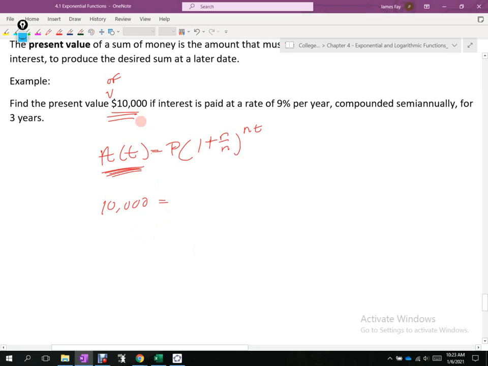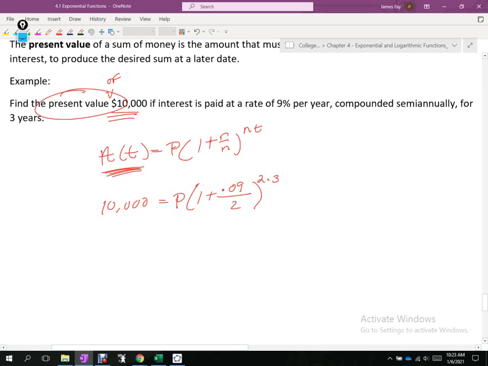That's what the present value term means, that's where you're going to put the 10,000 in your formula. We don't know the principal, the initial investment. That's what I'm trying to figure out here. But we know everything else. We know the interest rate is 9%. We know we're going to compound semi-annually. And we know we're going to do this for 3 years.